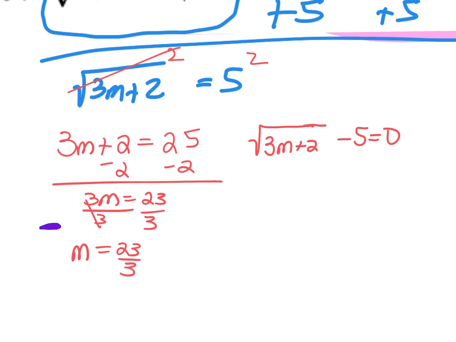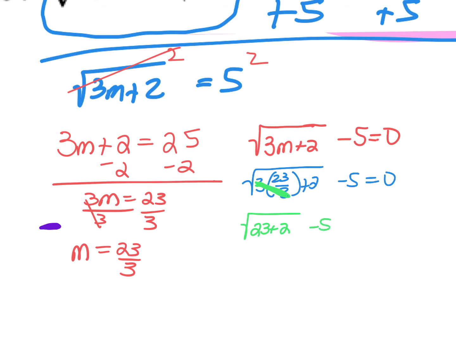So even though it's a fraction, it's really not that big of a deal because you have 3 times 23 over 3 plus 2. The minus 5 is on the outside. Does that equal 0? When you multiply 3 times 23 over 3, what happens to these 3's? They cancel. So you have the square root of 23 plus 2 minus 5 equals 0.